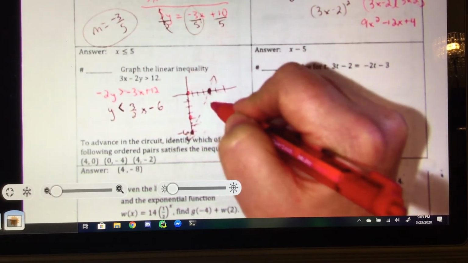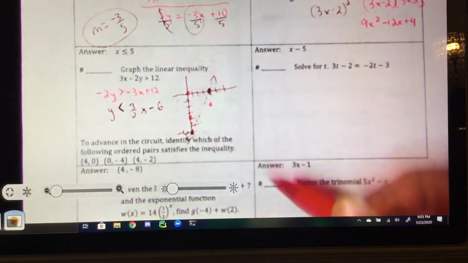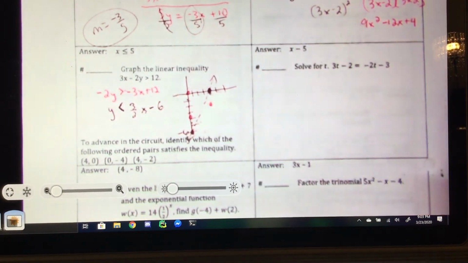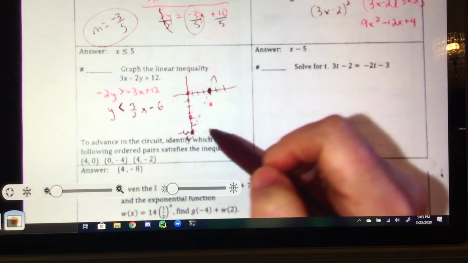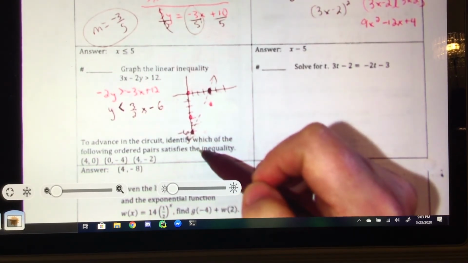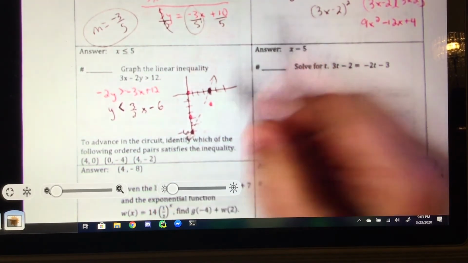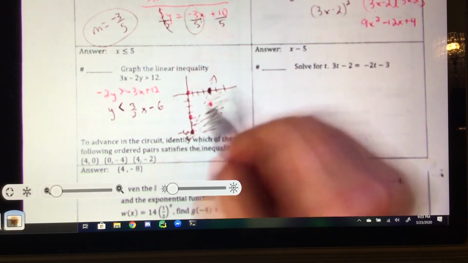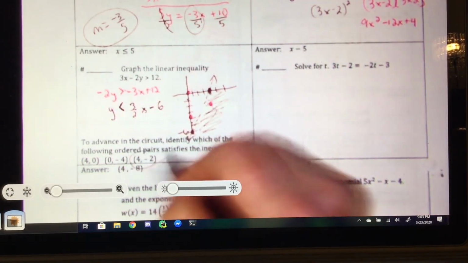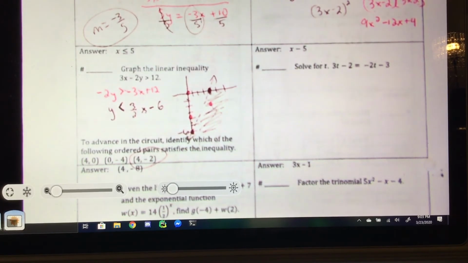And 4, negative 2 is right here. Oh yeah, I guess I was right in the first place. Because if it's less than, y has to be less than negative 6. If x is 0, yeah, I was right to shade this in the first place. So the only point that works here is positive 4, negative 2.